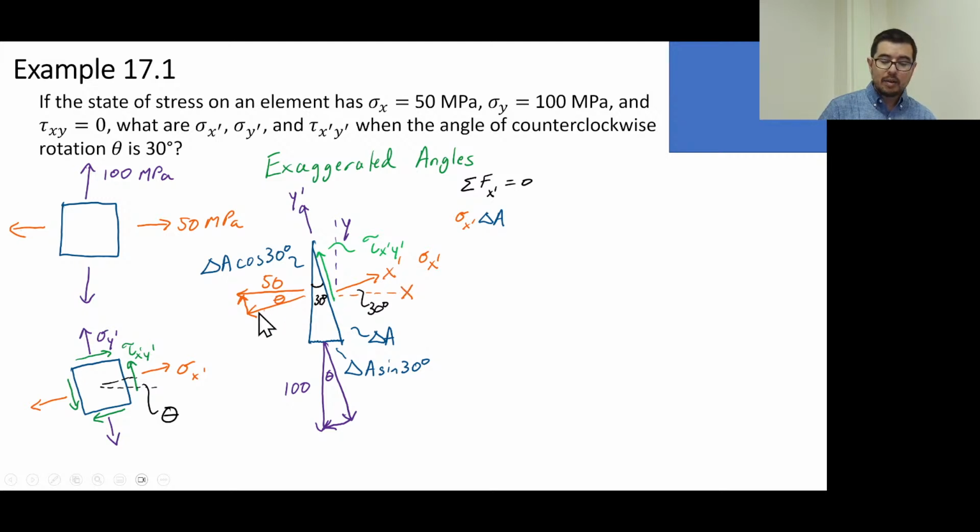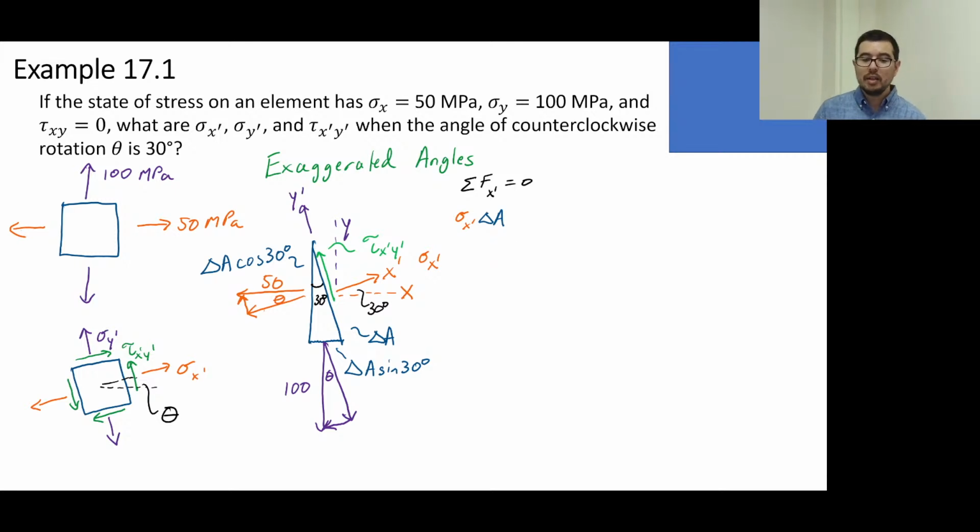But if I look at this as another triangle, and I say 50 is the hypotenuse of that triangle, then the adjacent side of that triangle is aligned with x prime. And I can use that vector on this area with this equilibrium in the x prime direction.